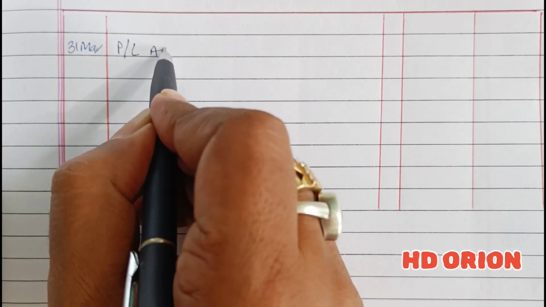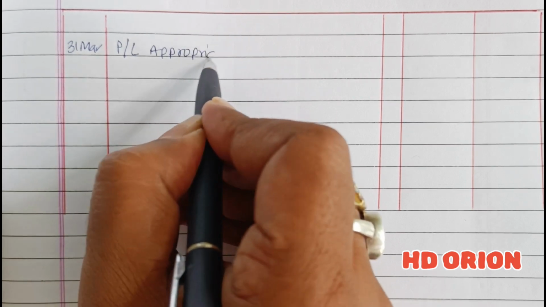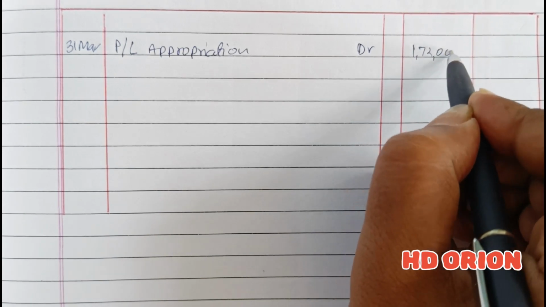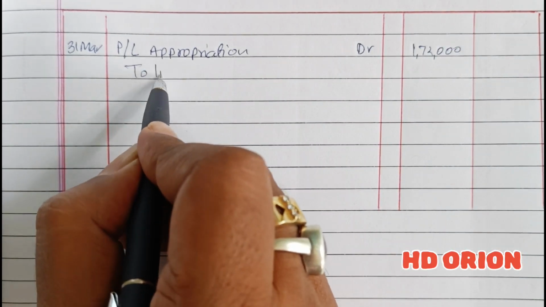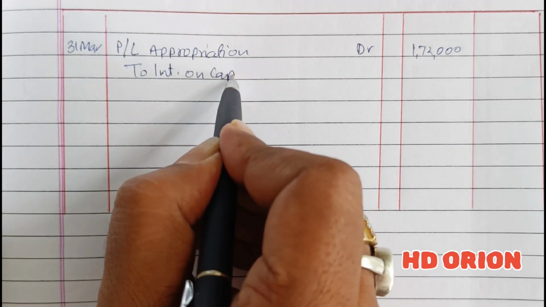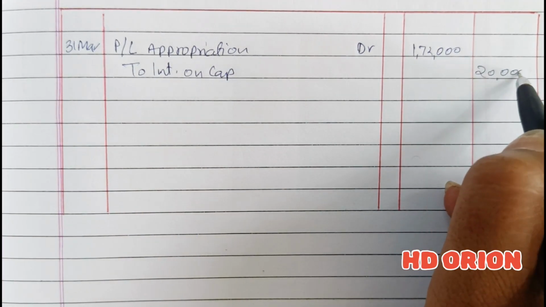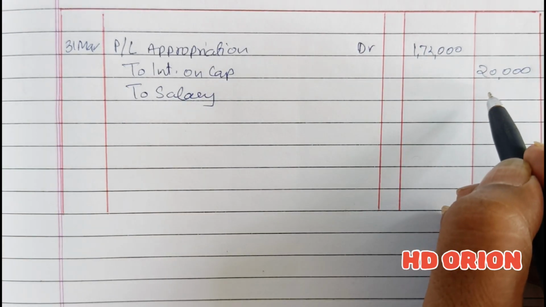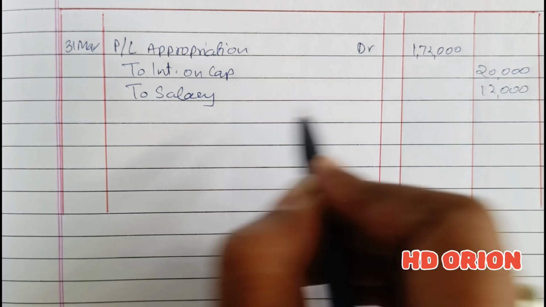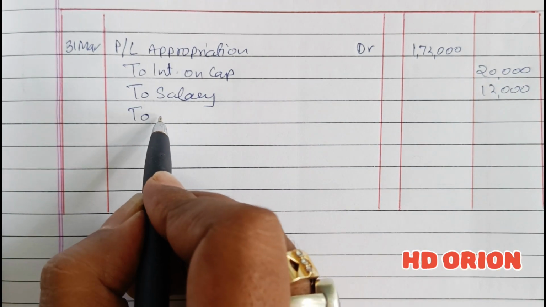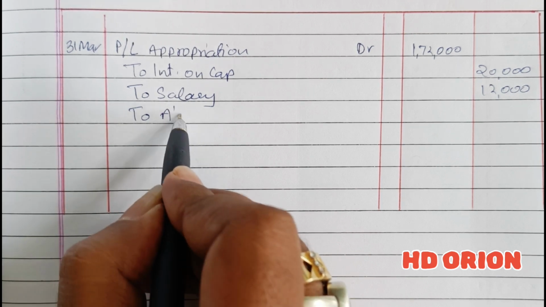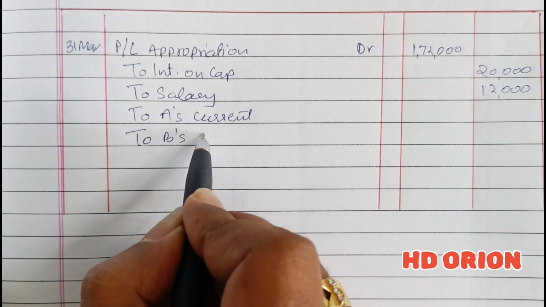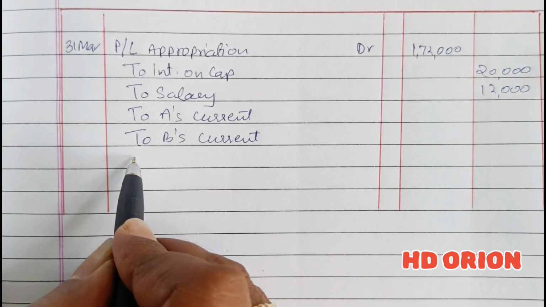So profit and loss appropriation account debited, that is 1,72,000, that is the net profit, to interest on capital 20,000 rupees, to salary, that was 12,000 rupees, and then the remaining distributable profit to partners' current account, to A's current account, to B's current account, and to C's current account.